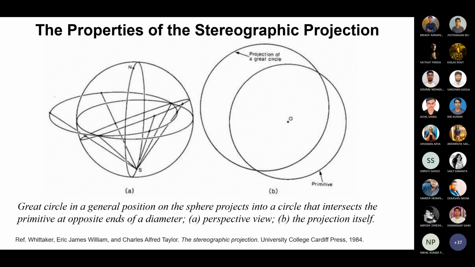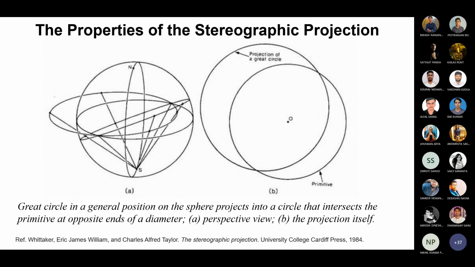You can see things very clearly, confining the position within the primitive also. When this is done, the complete representation of the great circle actually consists of two arcs of large radius, symmetrically related across a diameter of the primitive. Again, I am repeating, two arcs of large radius symmetrically related across a diameter of the primitive.